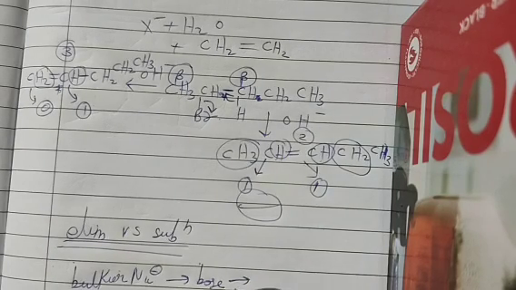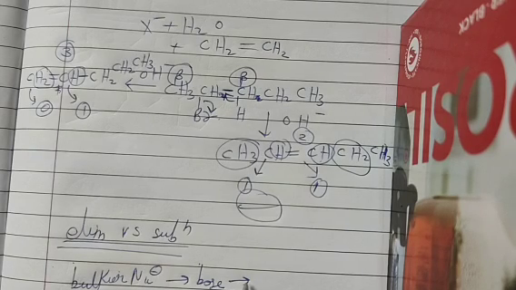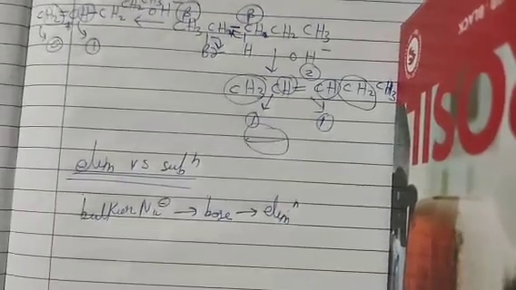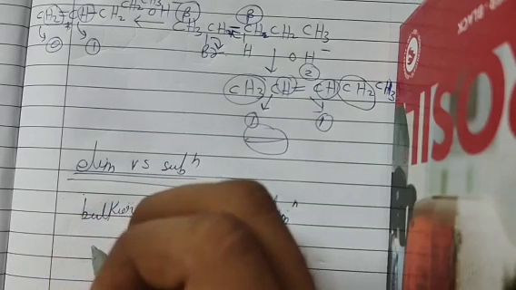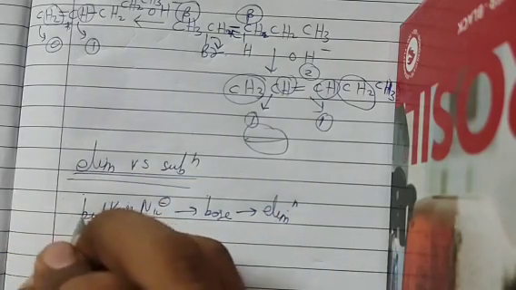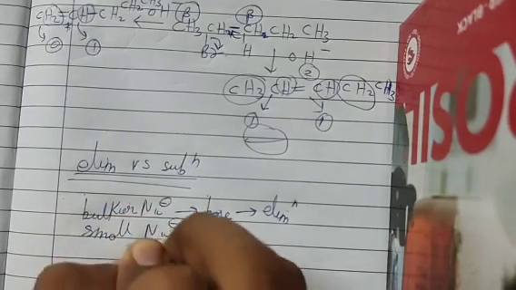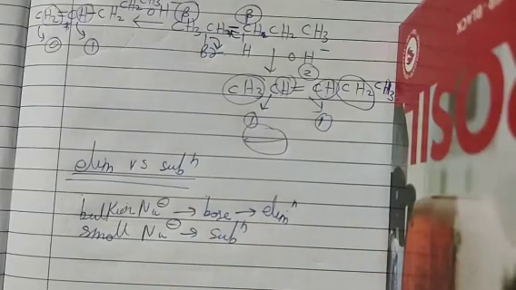So a bulkier base would abstract a proton, meaning it would go for an elimination reaction. Due to steric reasons, it does not need to perform a substitution reaction. And the opposite of bulkier is a small nucleophile; in that scenario I will go for substitution.